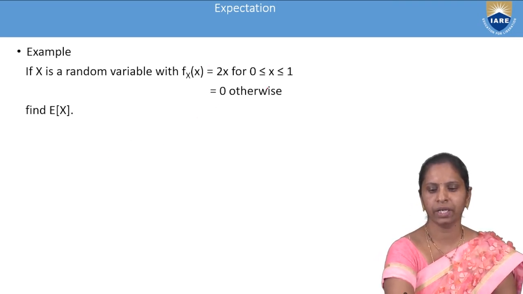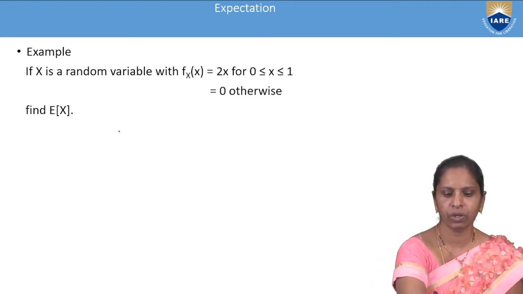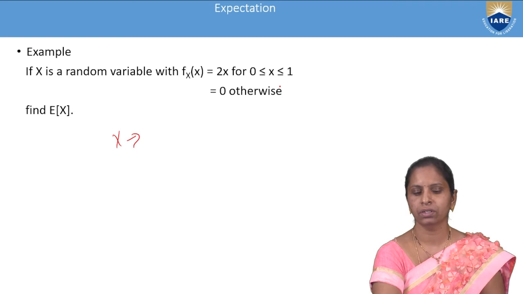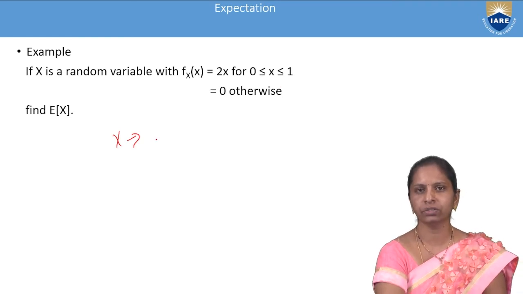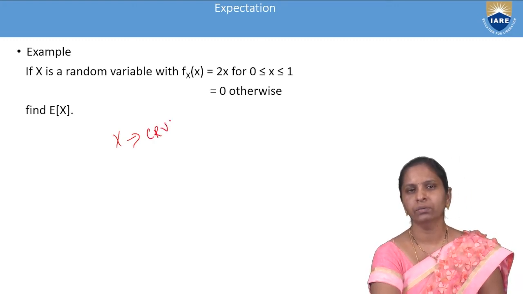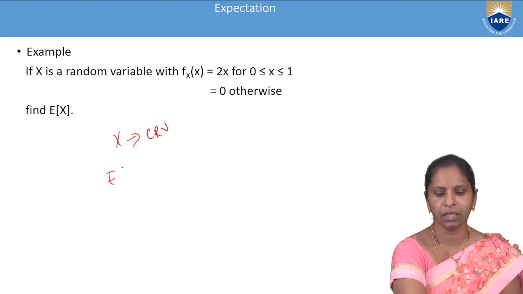They have given 2x. So 2x for what values of x? When x is 0 to 1. Then what type of random variable is this? X is between 0 and 1, so you may have infinite values. Therefore it is uncountable and infinite. Therefore it is called what? A continuous random variable. For a continuous random variable, what is the formula to calculate the expected value?